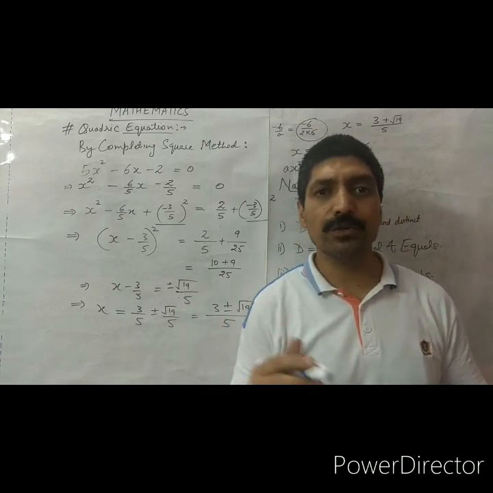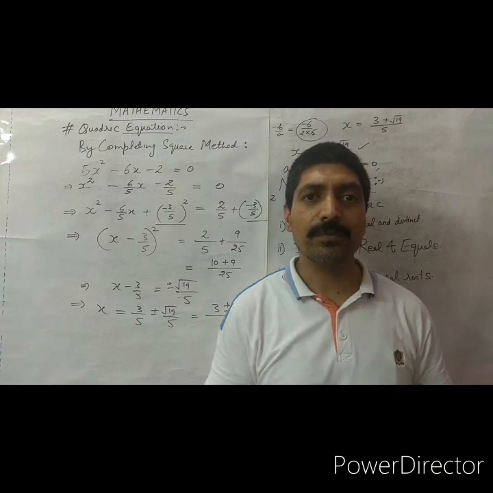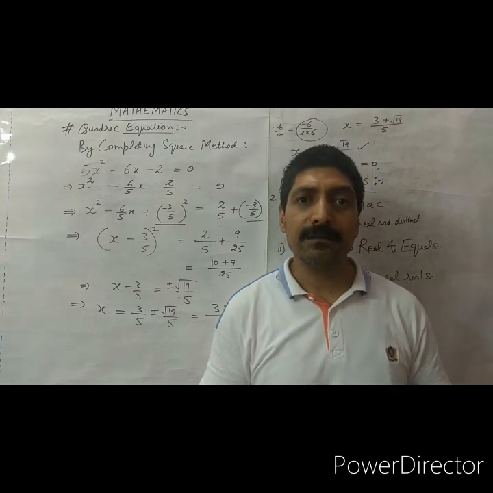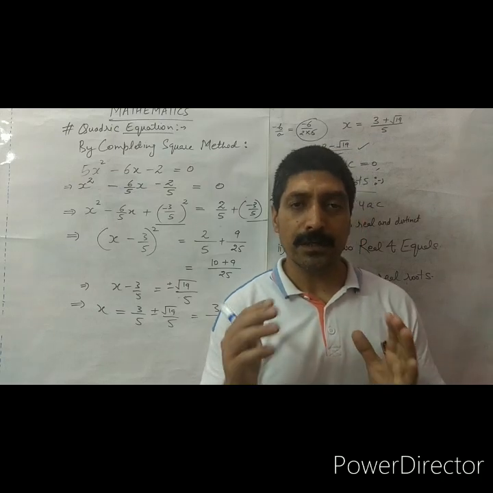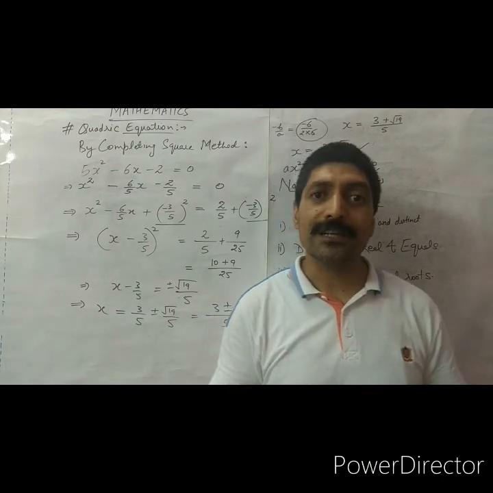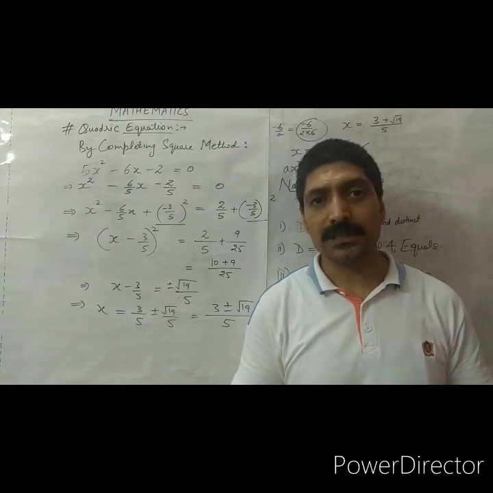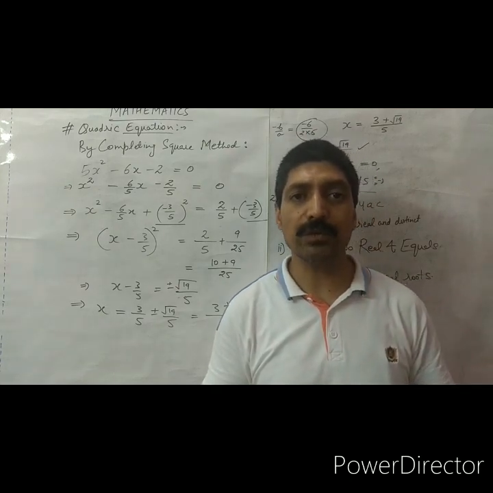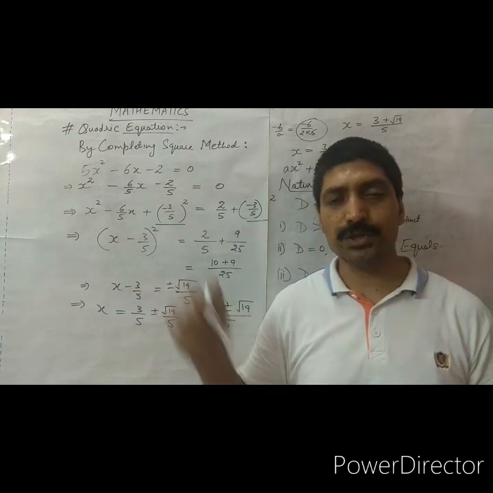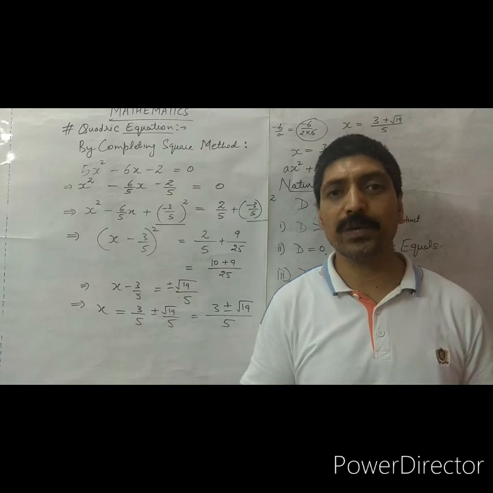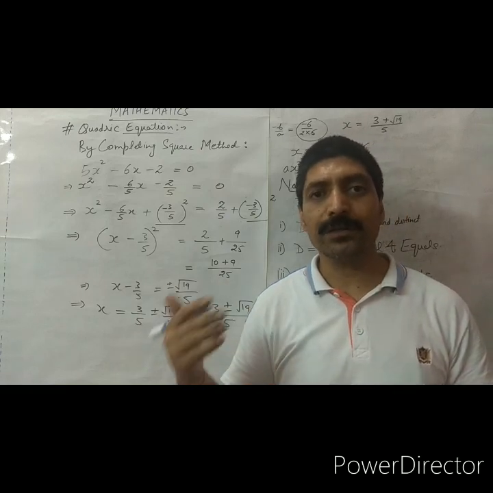I will take up your doubts on probability, statistics, trigonometry, and especially the chapters some of the students are asking for, the graphical exercises, chapters 17 to 21. So go through quadratic equations and especially this completing square method.